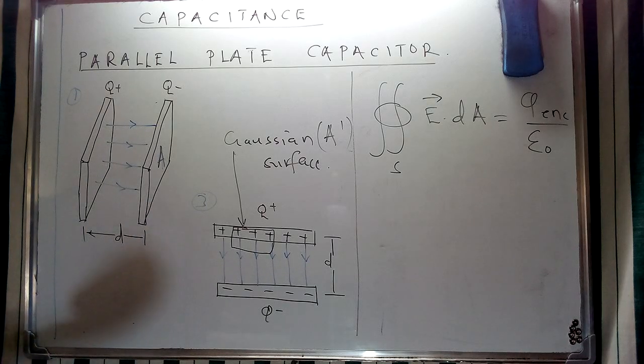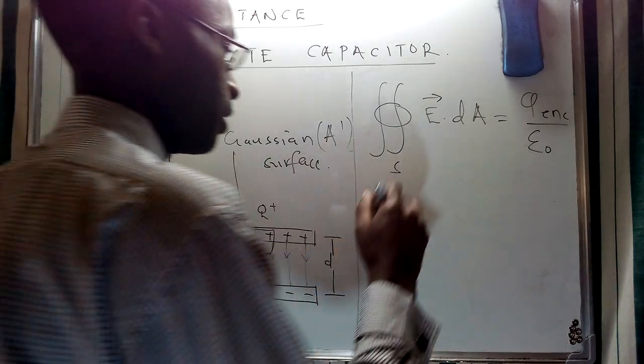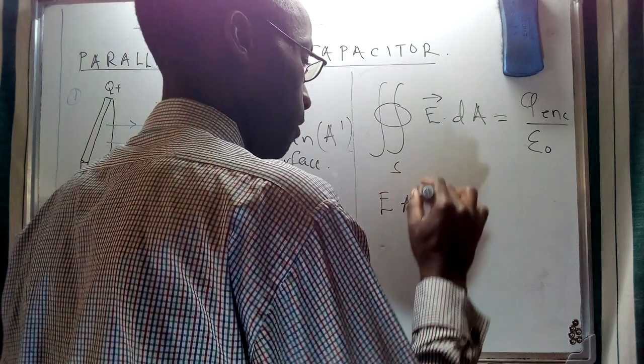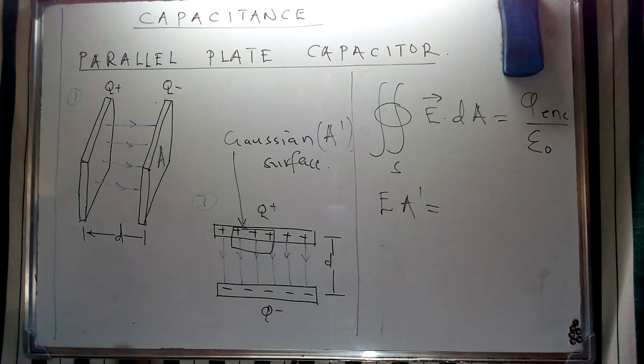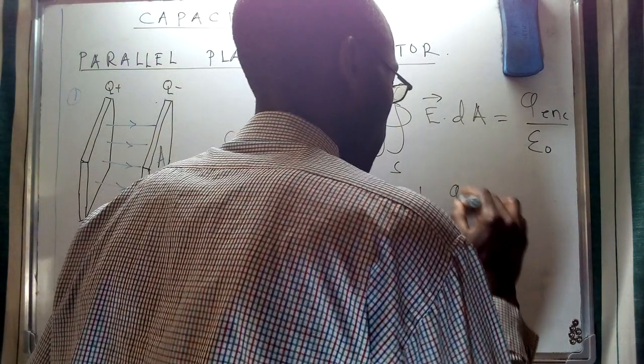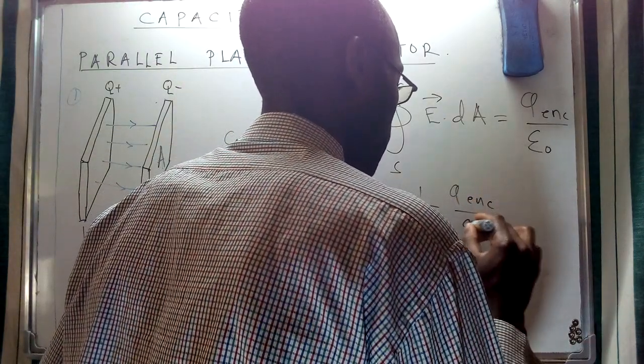If we calculate this electric field, it is derived from EA prime, and then we have the charge as Q enclosed over epsilon naught.